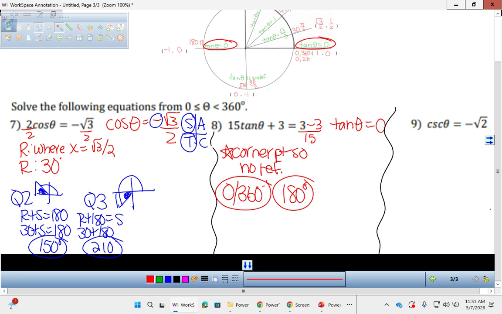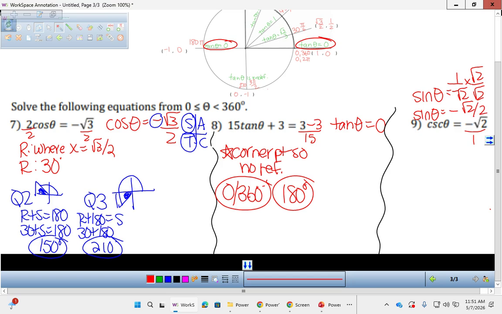Okay, for the next one, I've got cosecant theta equals -2, but I need to make this a sine. So I'm going to flip that, but I end up with something that I have to rationalize. So I get sine of theta equals negative, because there's a negative sign, √2 over 2.